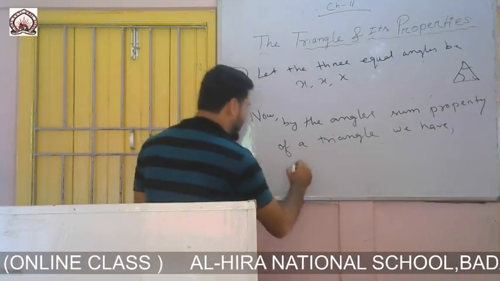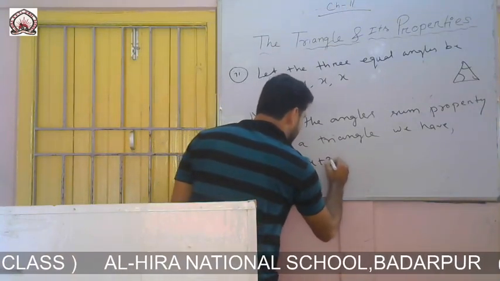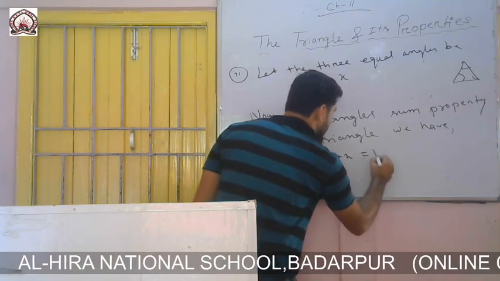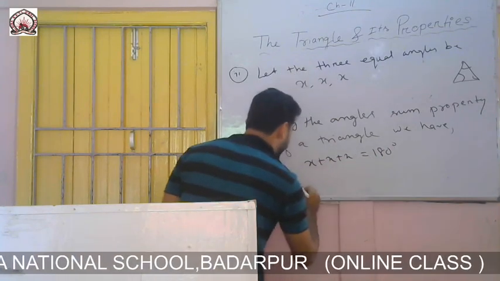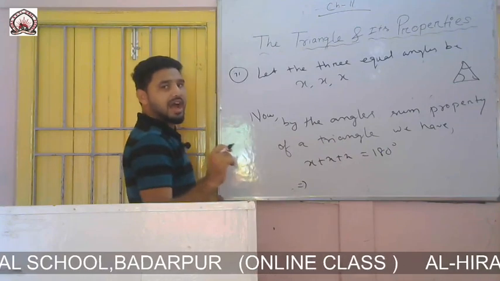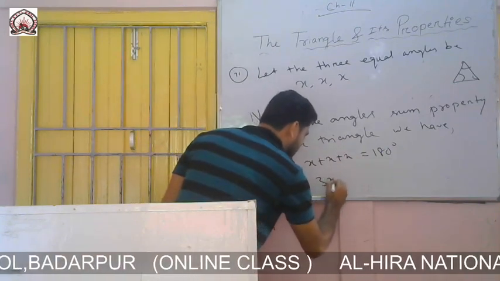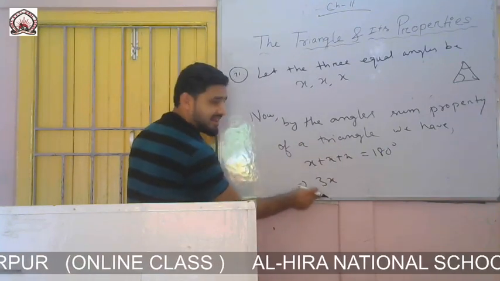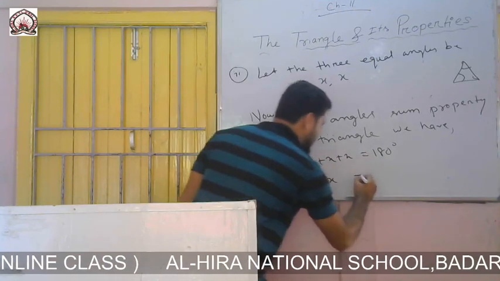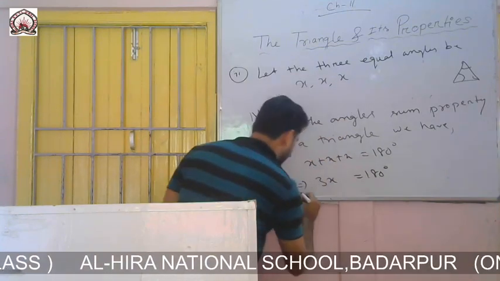It is from the angle sum property. We have x plus x plus x equals 180 degree. Now if I add the three angles, then I will get 3x, because three numbers of x are there. Then I get 3x equals 180 degree.